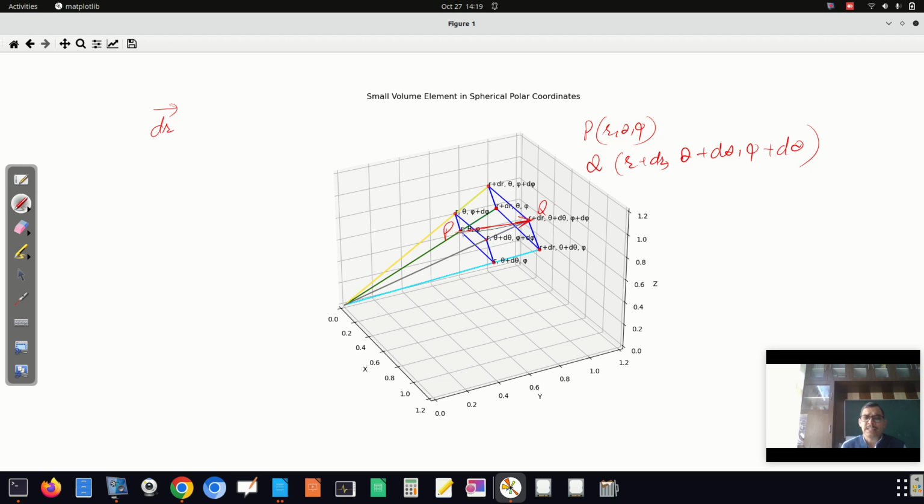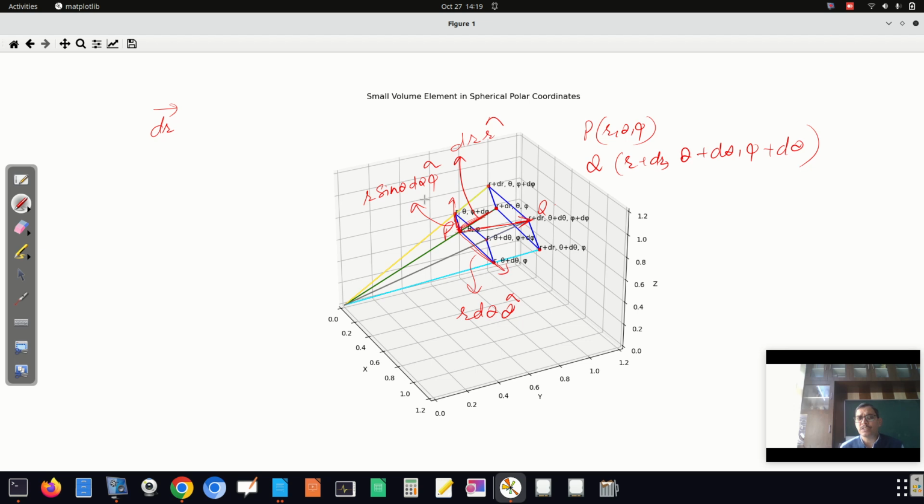One length is this, which is dr. So this length is basically dr vector, and it is along r cap, and say this is phi, so it is along phi vector. So this distance is basically r sine theta. I will talk about it later on. It is r sine theta d phi along phi cap, and say this is along theta cap. So it is r d theta along theta cap.